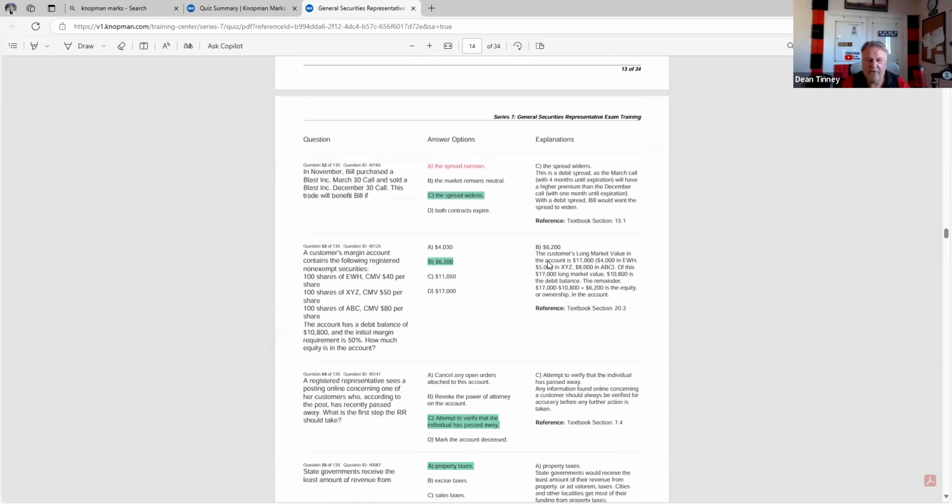The spread, I don't even know how we're supposed to know this. December 30. It's not a debit spread because we sold the December. This is a debit spread. The March call with 4 months will have a higher premium than the December call. Well, I just don't think that's correct. Unless we're assuming that we bought the December and sold the March. Okay.